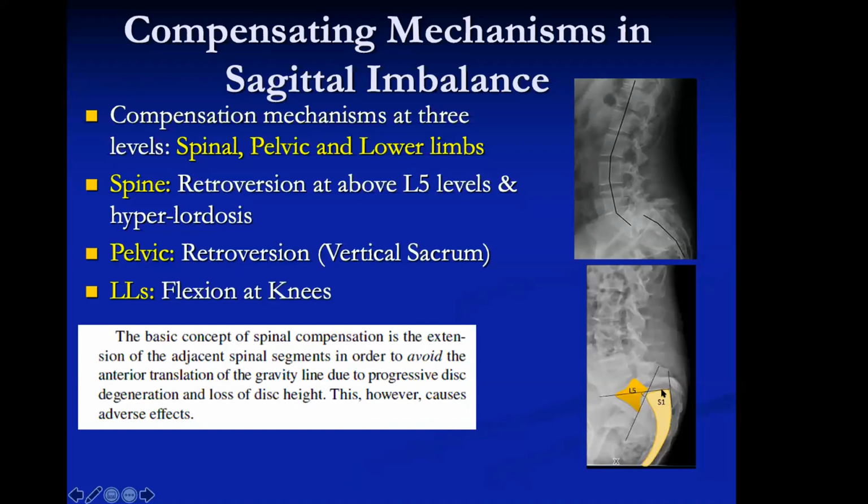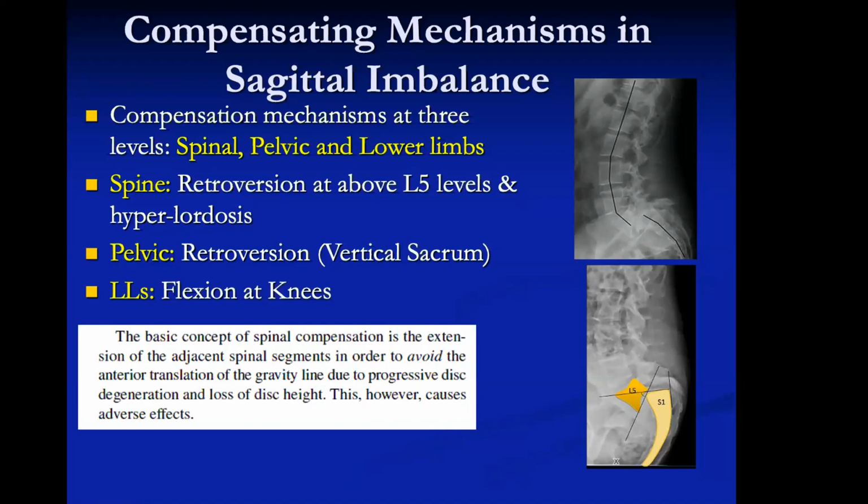This is called retroversion. So you can see here, this becomes straight. It becomes a vertical sacrum. So this is called retroversion. So there is retrolisthesis or lordosis happening at the upper lumbar levels to maintain the center of gravity, and on the lower side there is verticalization of the sacrum to maintain the center of gravity.